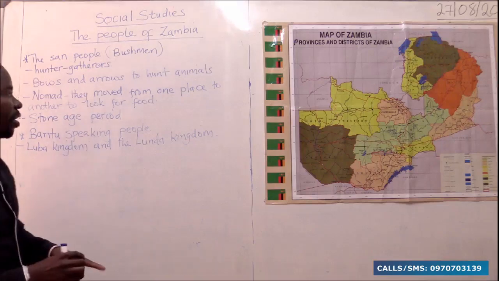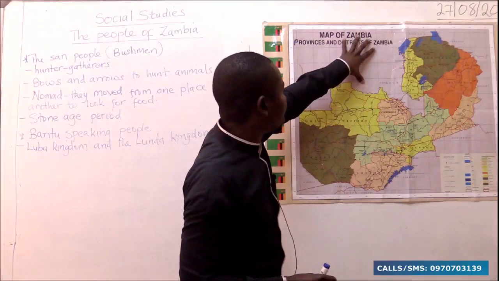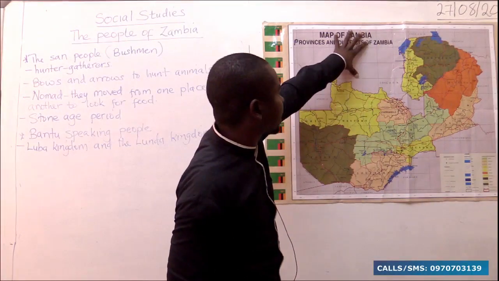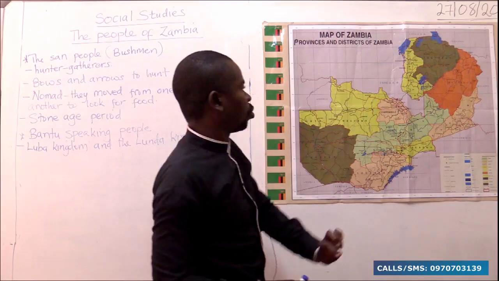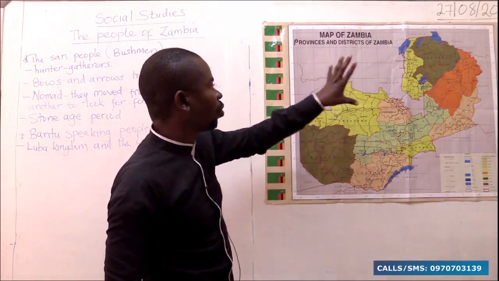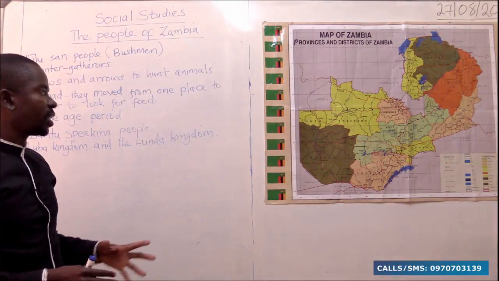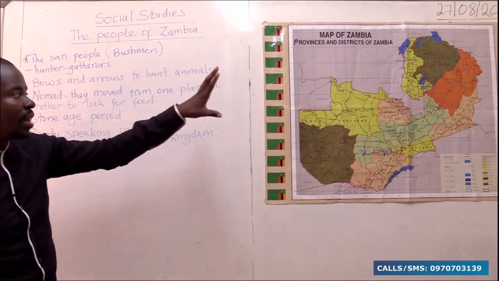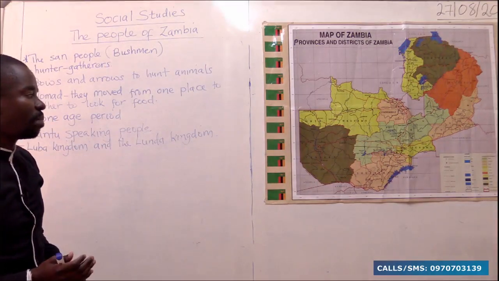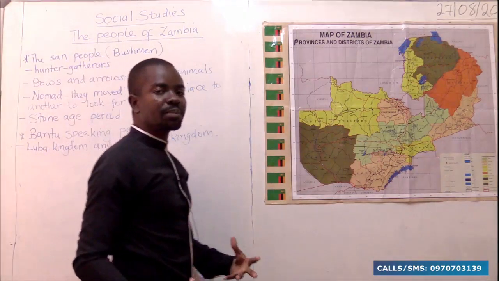So when they reached Zaire, which is there on my map, from the Luba and Lunda kingdoms, they began to separate.